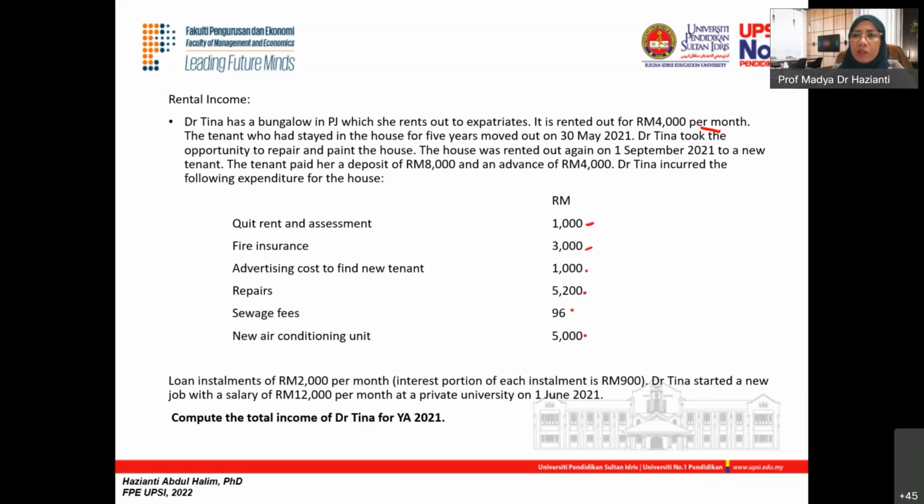Dr. Tina started a new job with a salary of 12,000 per month at the private university on 1st June 2021. So compute the total income of Dr. Tina for year of assessment 2021. So what should you do first?